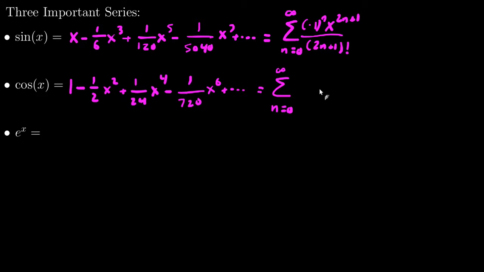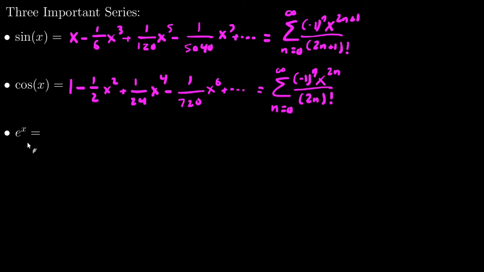The next one would be x to the 8th. So I have x to the 2n. It alternates, so I have a negative 1 to the n. And I only have the even factorials. 0 factorial, 2 factorial, 4 factorial, 6 factorial. Next one would be 8 factorial, which is 40,320. So that would be 2n factorial.